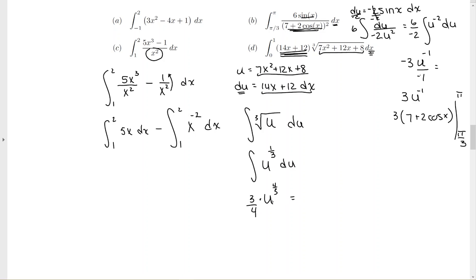Switch out the u after you integrate, 7x squared plus 12x plus 8, and then evaluate from 0 to 1. And then plug it in and bring it on out.